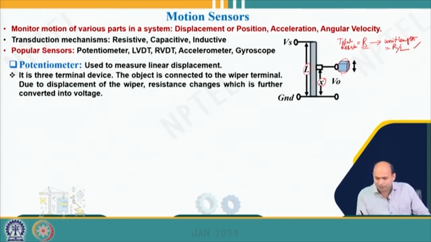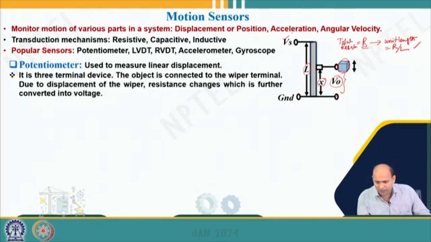Now, what this device does is, depending on the applied movement, the slider position will change, and if I measure the voltage across these 2 points, then obviously the effective resistance will change, and as a result the output voltage will also change, because this is simply acting as a voltage divider configuration.